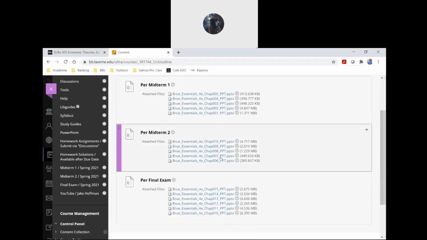Make sure they're grouped in reverse order, so don't open the one for chapter 16, even though it looks like the first one. Chapter 6 is down here at the bottom under the midterm 2 folder. It goes 6, 7, 8, 9, 16, so here's the right one.